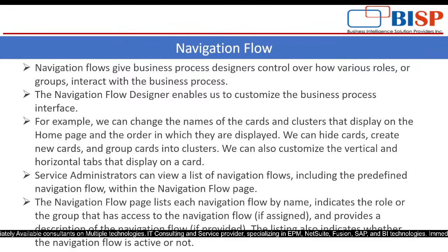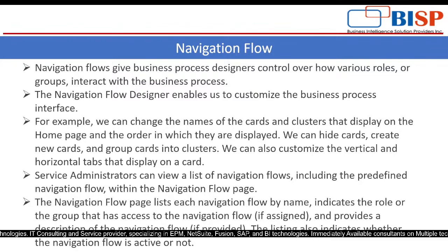The service administrator can view a list of navigation flows, including the predefined navigation flow, within the navigation flow page. The navigation flow page lists each navigation flow by name, indicates the role or the group that has access to the navigation flow if assigned, and provides a description of the navigation flow if provided.